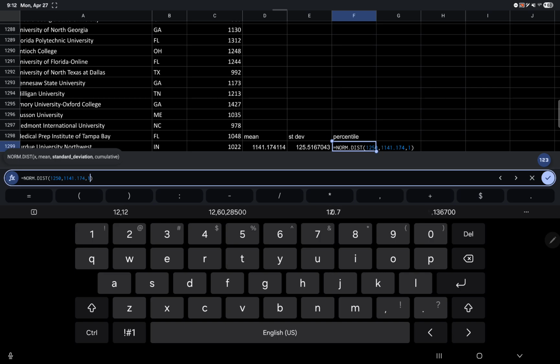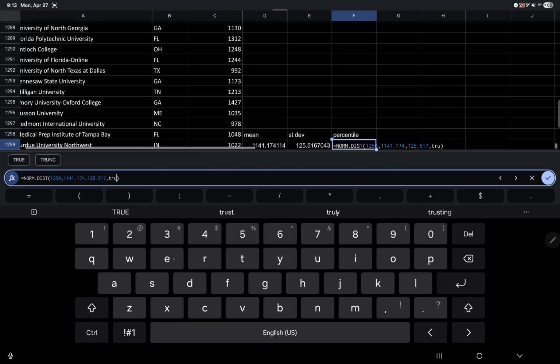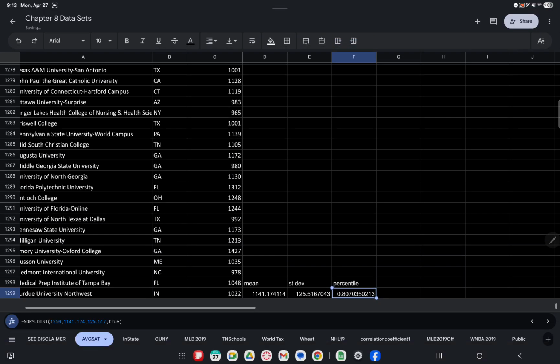This standard deviation of 125.517, and I guess I could use the whole decimal it gave me, but and then true. And then it'll give me the rank. So 80.7, so about 81, the 81st percentile.